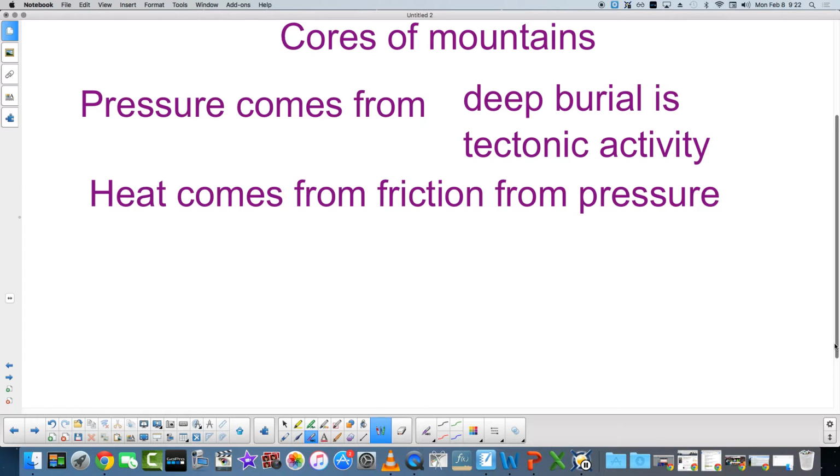And these rocks are very layered. And layering in metamorphic rocks is called foliation.